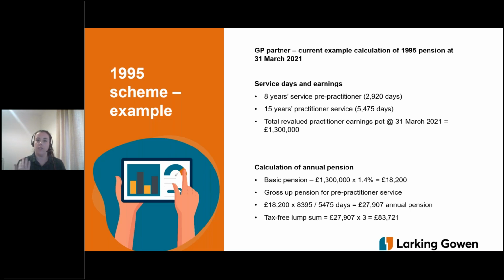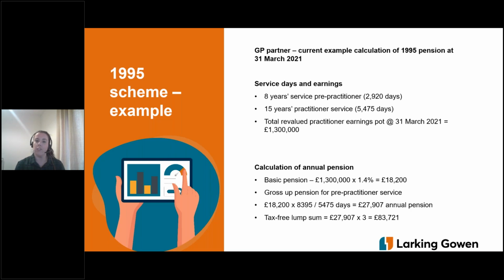So in order to actually take it to how much pension does that mean? So we take that pot and you accrue the 1.4% as a basic pension. So this is an annual pension amount. So 18,200 is the basic pension on that 1.3 million.